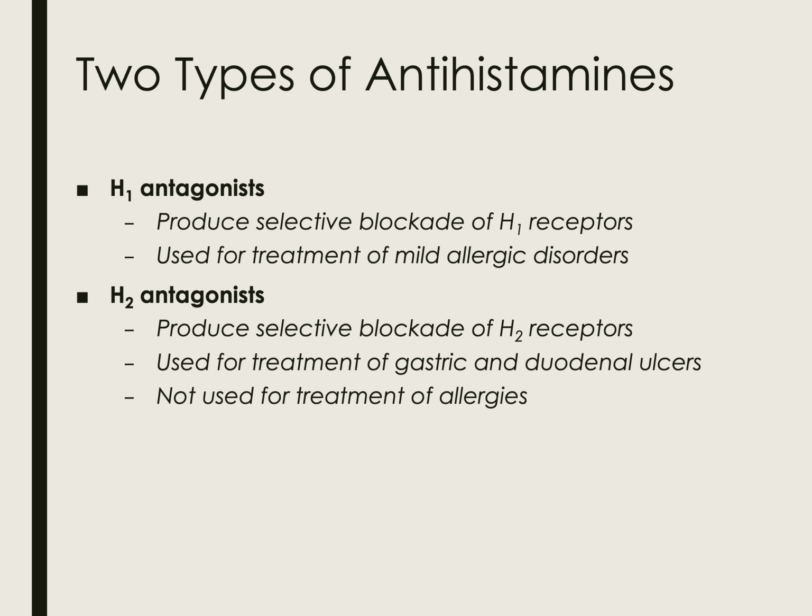So let's first look into the reasons why we would use an H1 versus an H2. For mild allergic disorders, we're picking the H1 antagonist. And for treatments that serve a purpose for gastric or duodenal ulcers, we're using the H2 receptor antagonist. H2 antagonists are not used for the treatment of allergies.